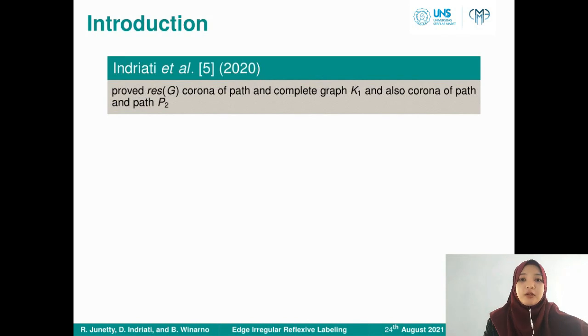Much research has proven the res of some graphs. For example, based on Indriati research in 2020, the res of the corona of a path and the complete graph K1, and also the corona of a path and path 2.